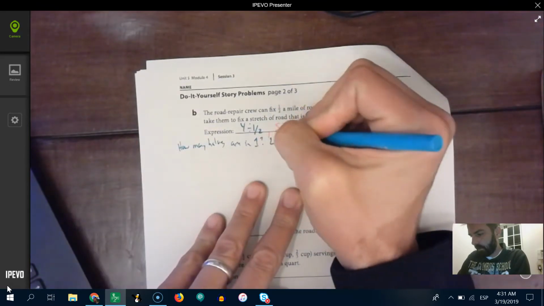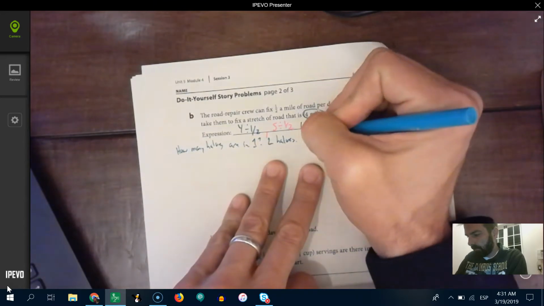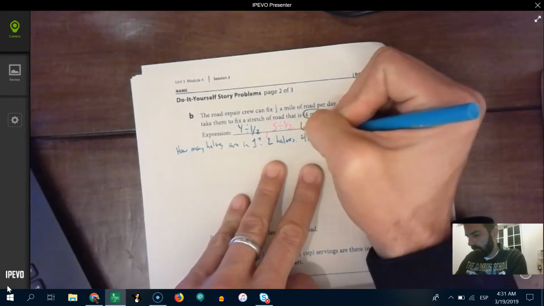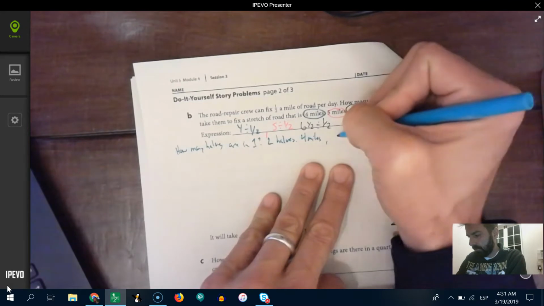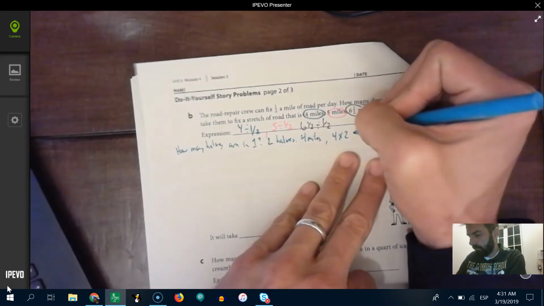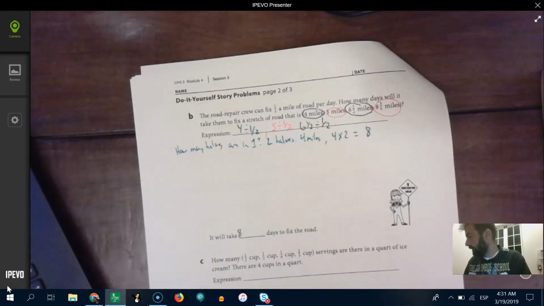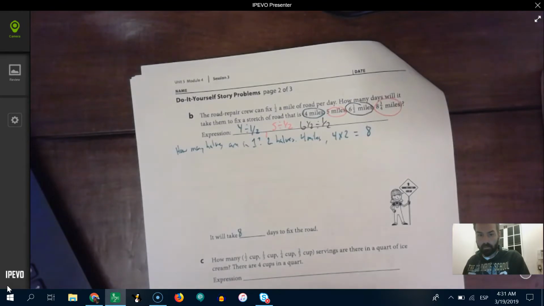I can say 2 halves. And since I'm looking at 4 miles, I can say 4 times 2 equals 8. So that would be 8 days to fix the road.